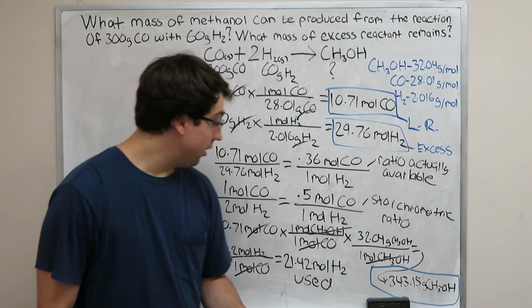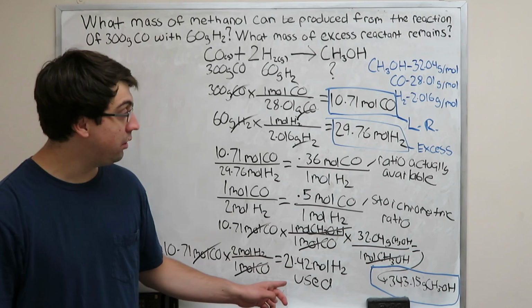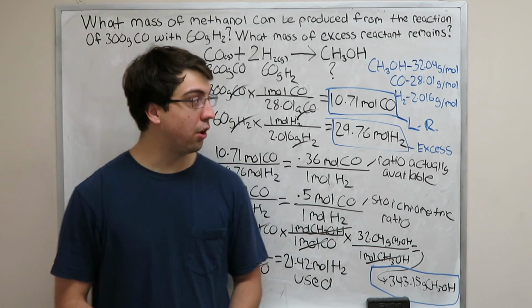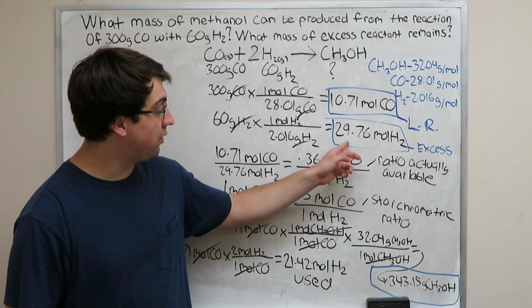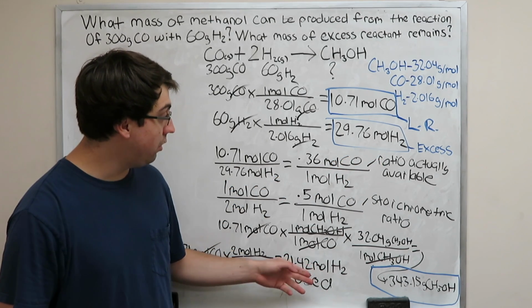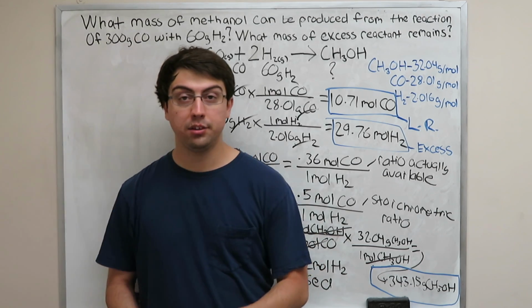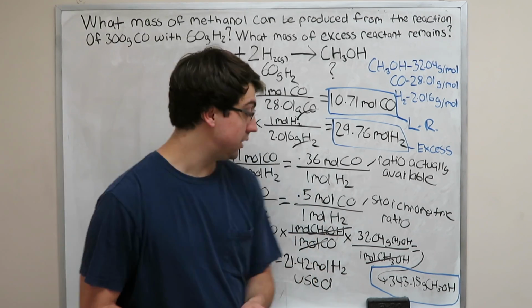Alright, so here we now know that 21.42 moles of hydrogen were used, and in total we started off with 29.76 moles of hydrogen, and if we know that 21.42 were used, if we take the total and subtract it by the amount used, that will tell us how many moles are left over.